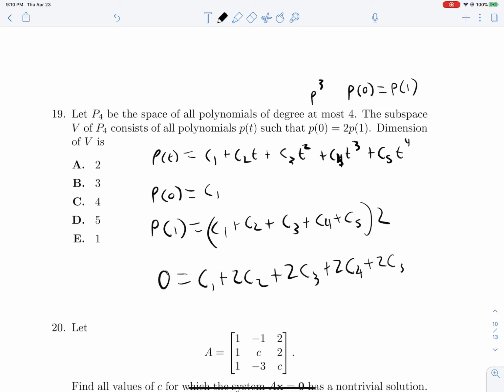Now, if you want to think about how many dimensions this kind of equation takes up, I like to think about a plane. So a plane in 3 dimensions is defined by C1x plus C2y plus C3z, and let's just set that equal to 0 for now.